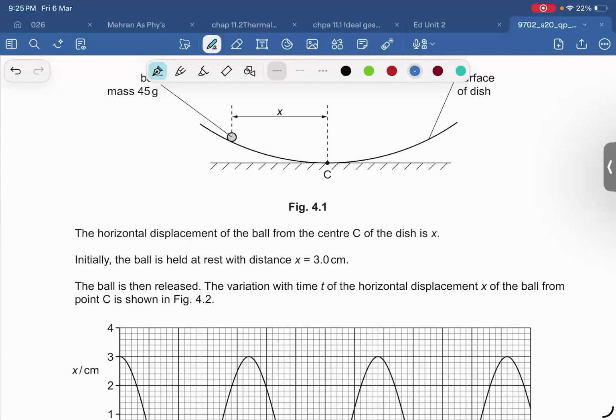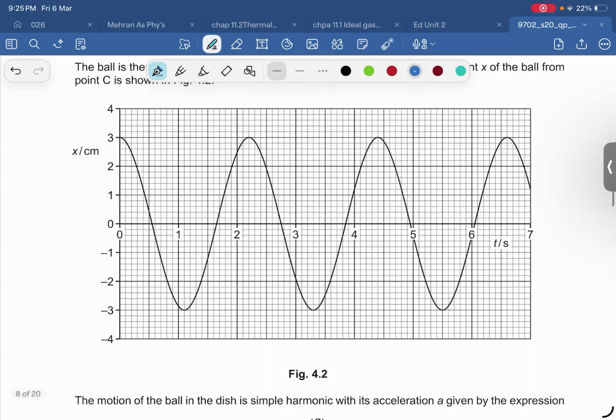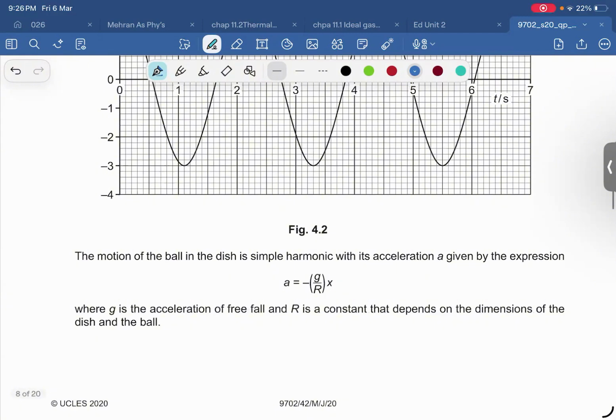The ball is then released. The variation with time t of the horizontal displacement x of the ball from the point C is shown in figure 4.2.